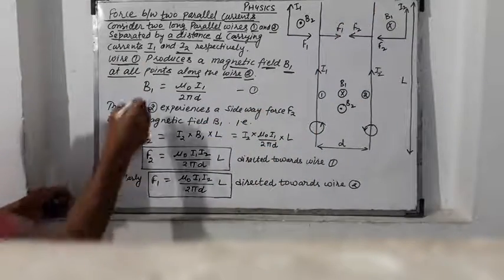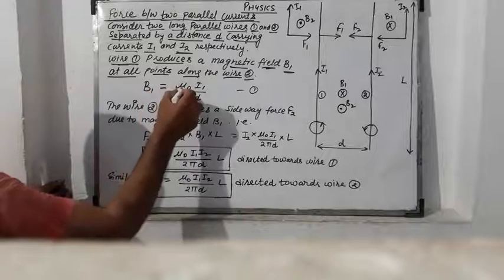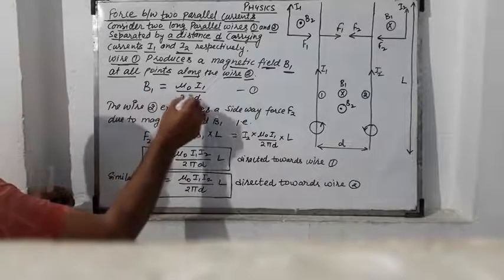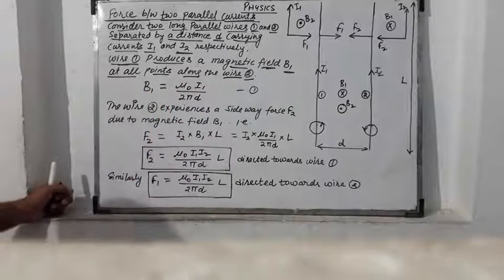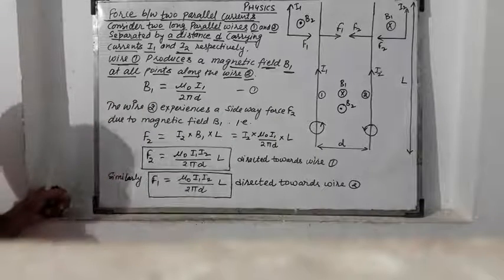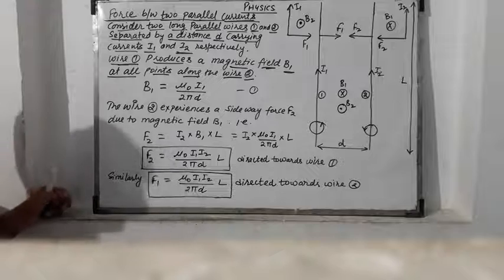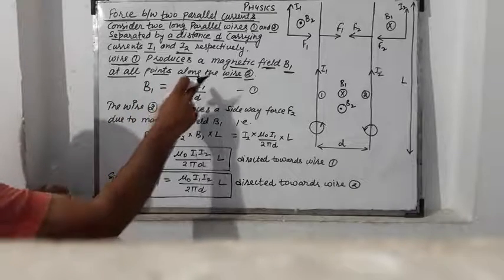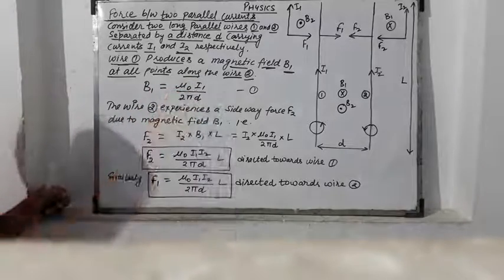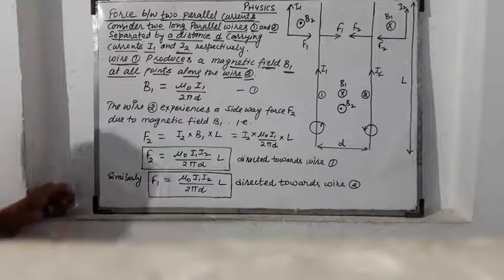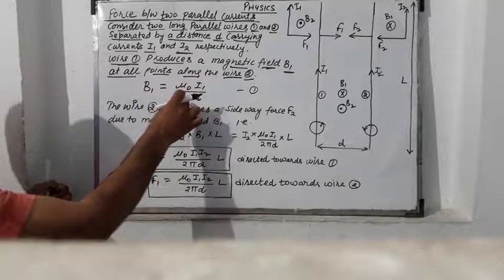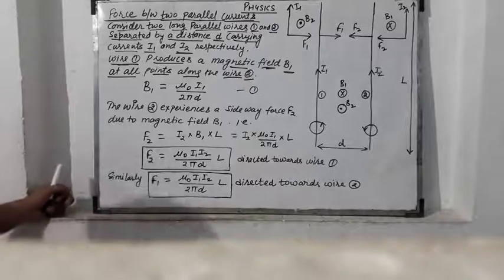So B1 is equal to mu naught I1 upon 2 pi d, because the magnetic field due to an infinitely long straight wire is mu naught I upon 2 pi r. So we have mu naught I1 upon 2 pi d.